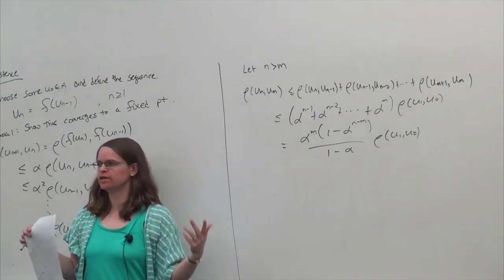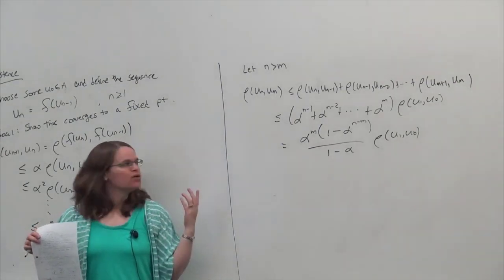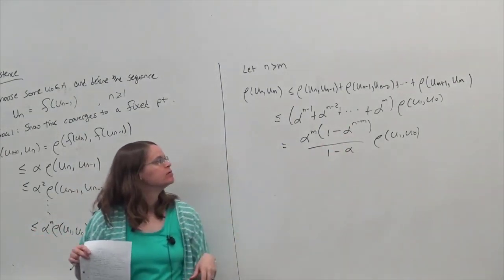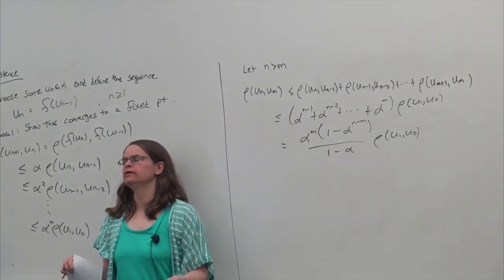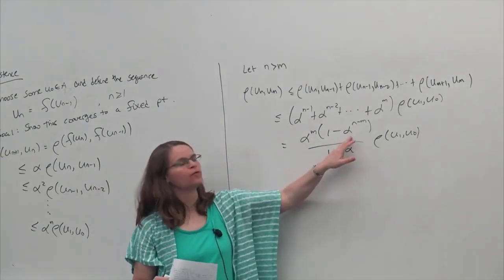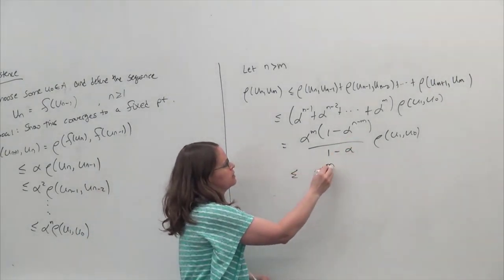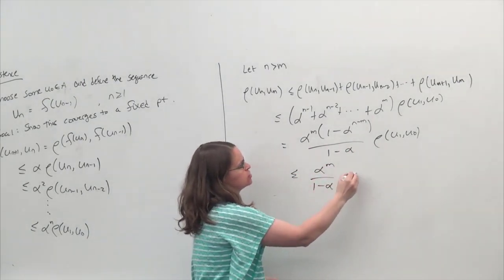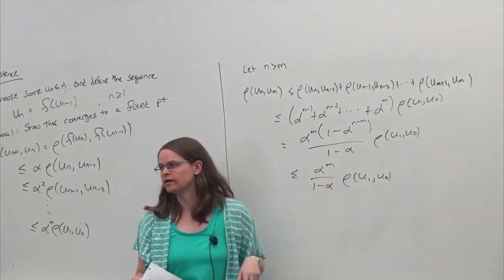When we're trying to show something is a Cauchy sequence, at the end of the day, we don't really like having both n's and m's floating around. It's nice to get it in terms of one that's used to solve for our n star. So alpha we know to be a positive number, so I can certainly say that this just made things smaller. Get rid of it.